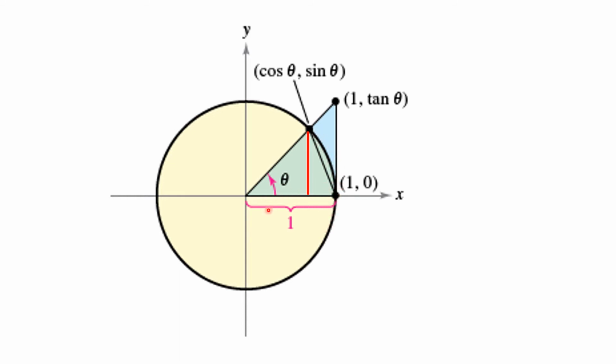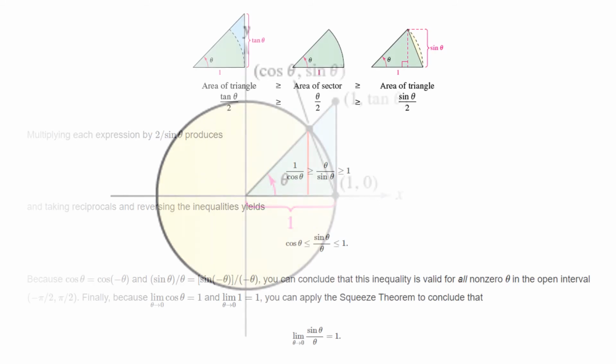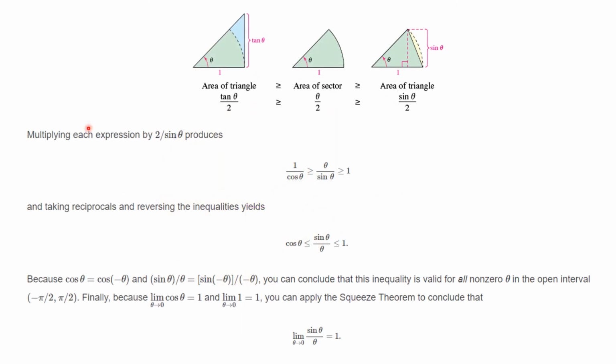The other thing before we go on is the area of the tiny triangle is less than the area of the circular sector, which in turn is less than the area of the big triangle. And that should be geometrically obvious from this picture. Okay, so now I'm writing that.